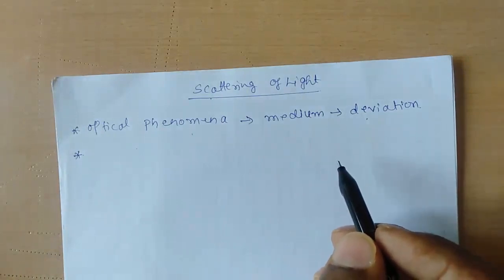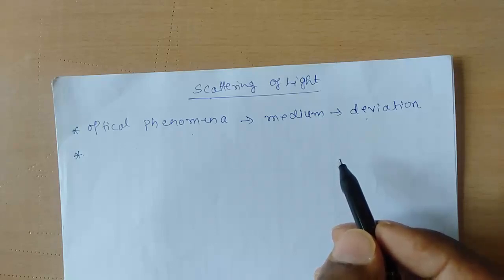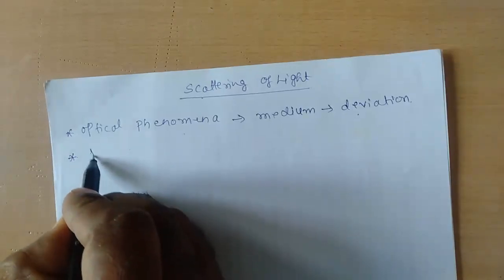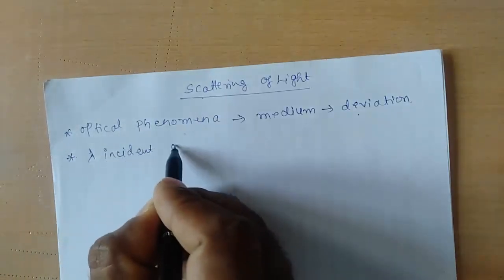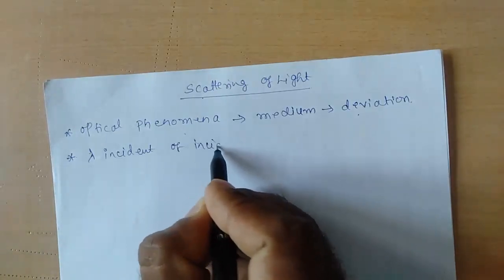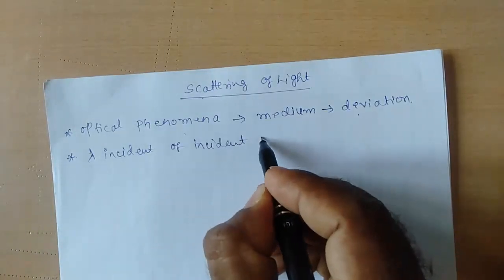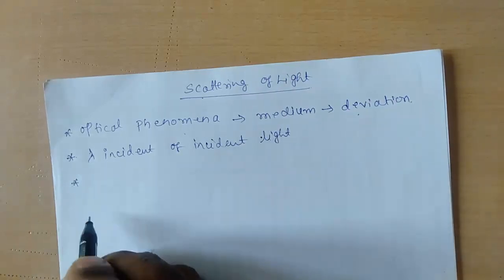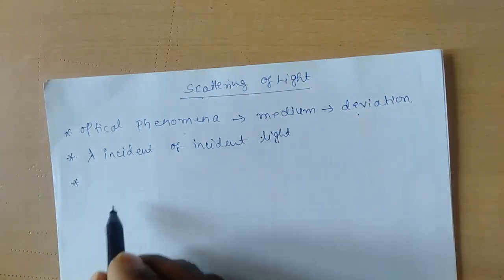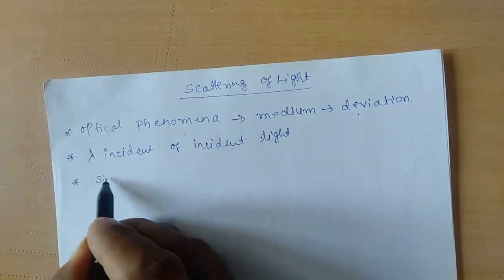On what basis does this scattering of light depend? One of the major factors is the wavelength of the incident light. The second factor is the size of the particle.